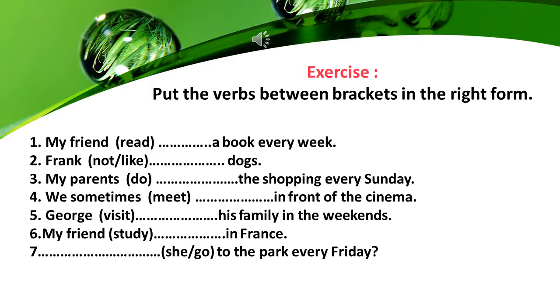Visit, affirmative, we conjugate that verb in the present. My friends play football in the park in their free time. So here, my friends again. Pay attention to the S at the end of my friends. Are we going to have some change of the verb or not?